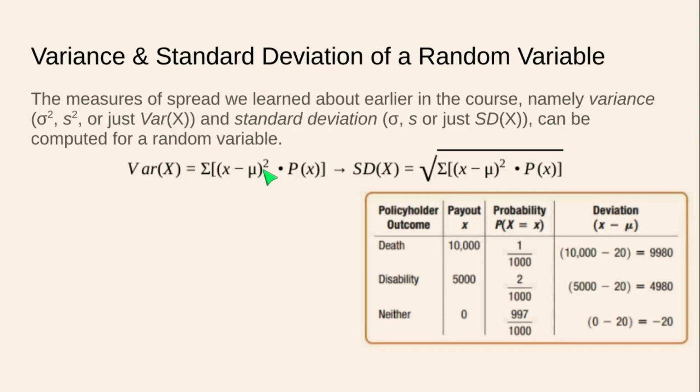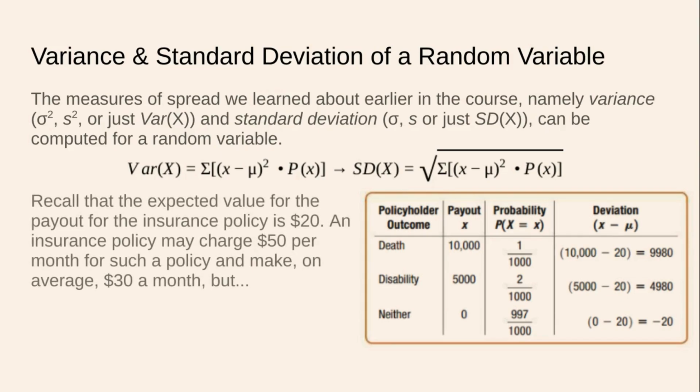We square that and we multiply that by the probability of this event happening. And then when we sum all of these products here, we get the variance. So if you recall, the variance is the average squared distance that an output is going to be relative to the mean. If we square root that, we get the standard deviation.